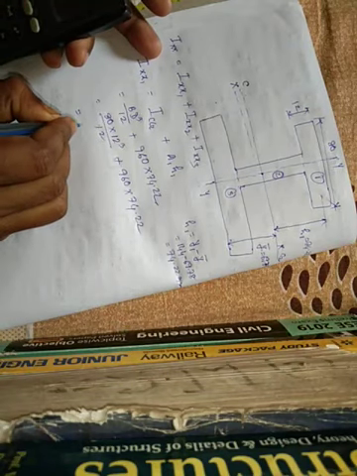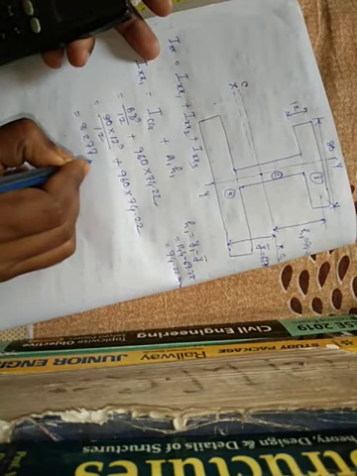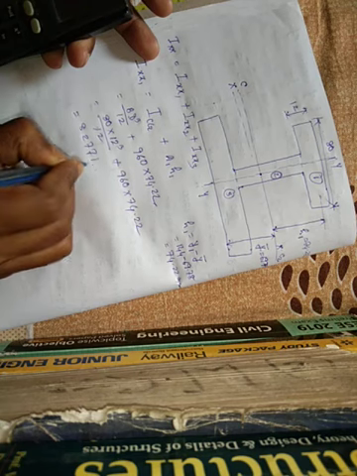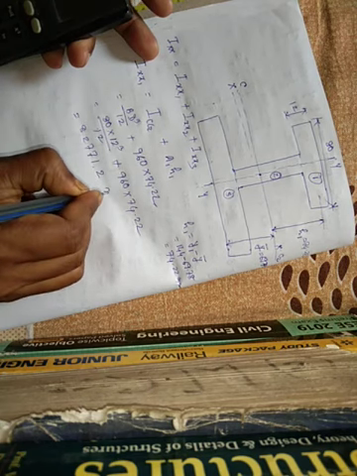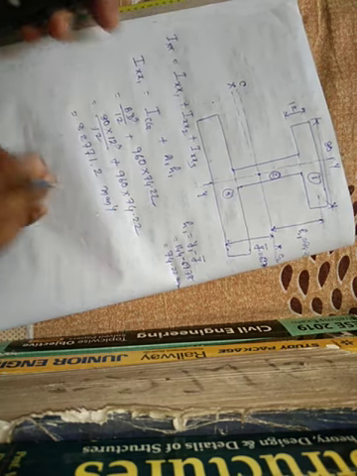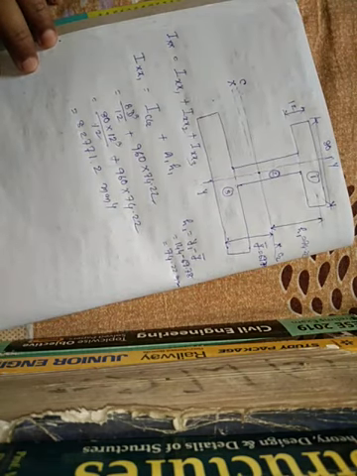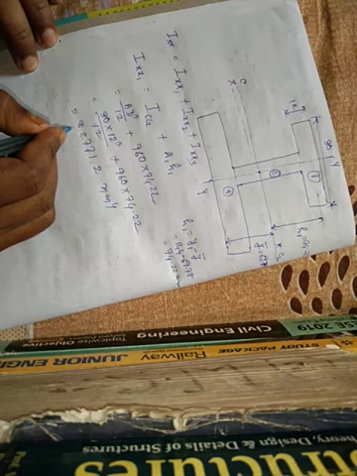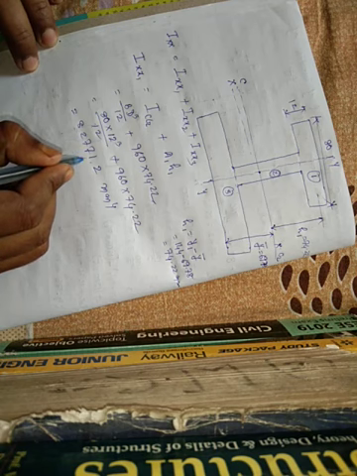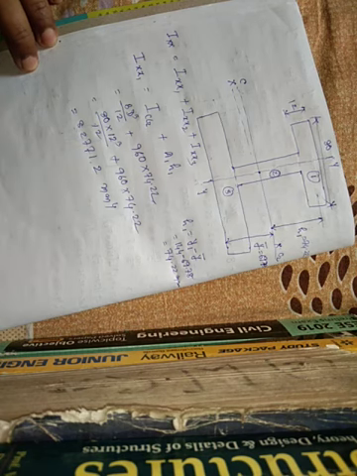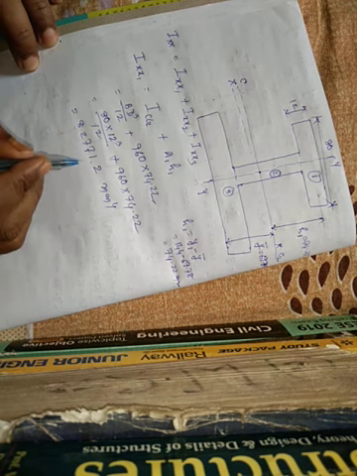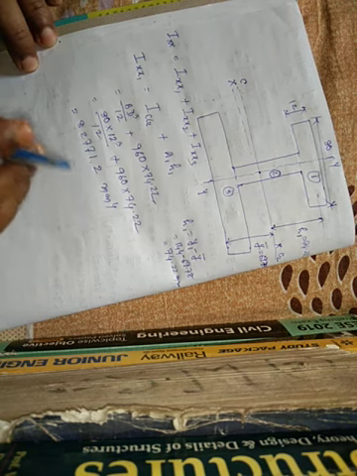This is equal to 8277.1.2 millimeter to the power 4. The moment of inertia about the x axis of the top flange is 8277.1.2 millimeter to the power 4.